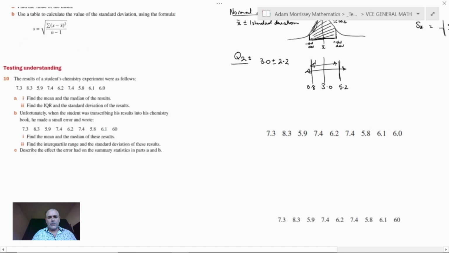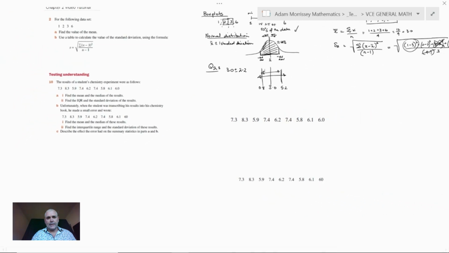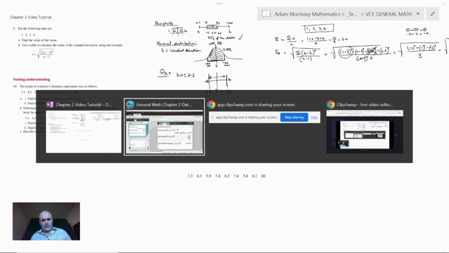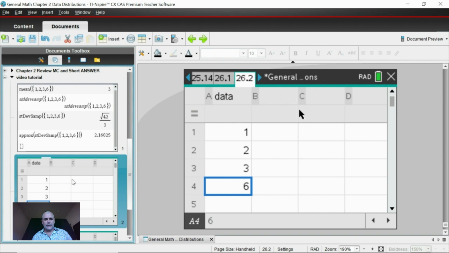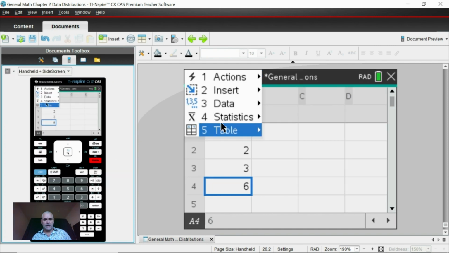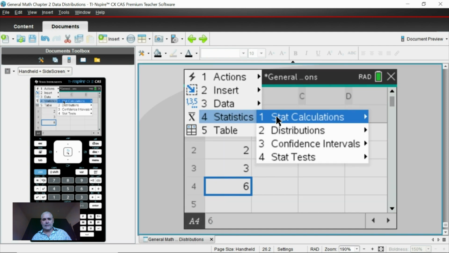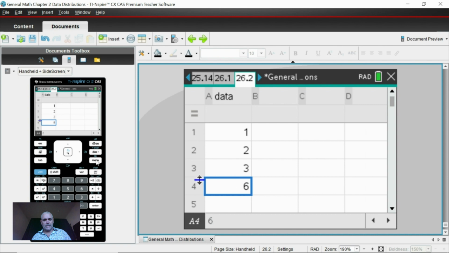So what I think is a good thing to do now is just show you some other moves. Like we could have done it this way, and we could have put a lists and spreadsheets page in here, and on our calculator we would have got those values quite quickly just by going stat calculation, and let's try that again.